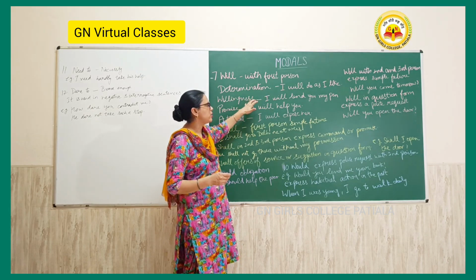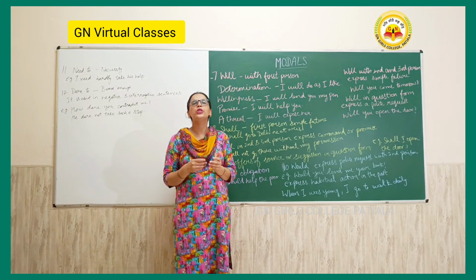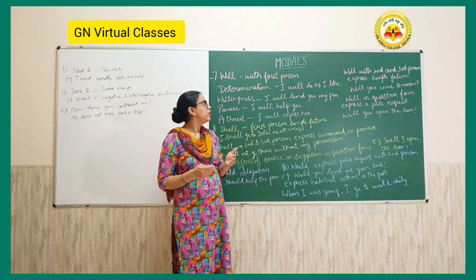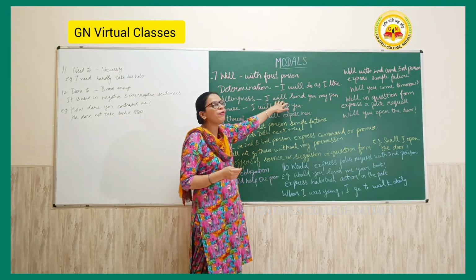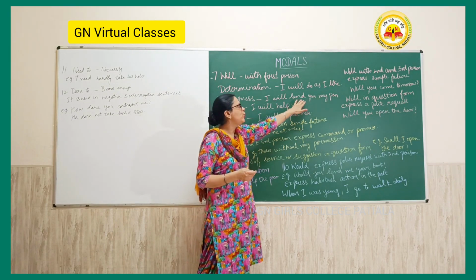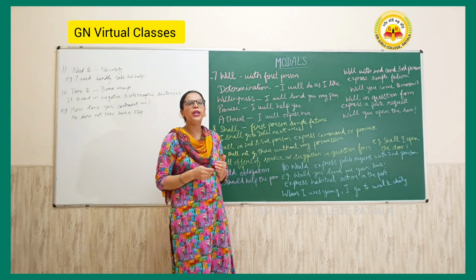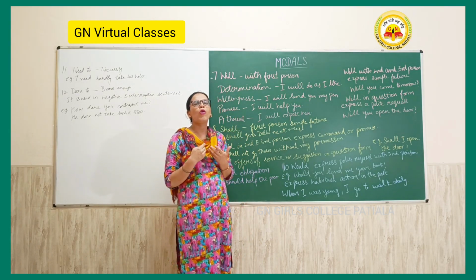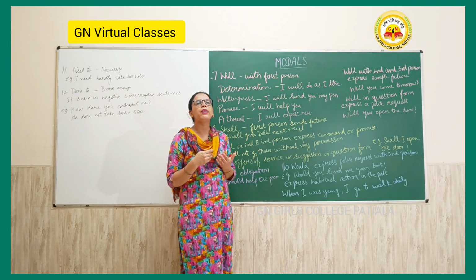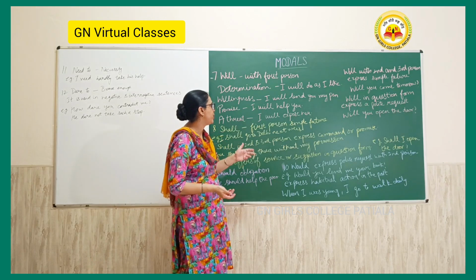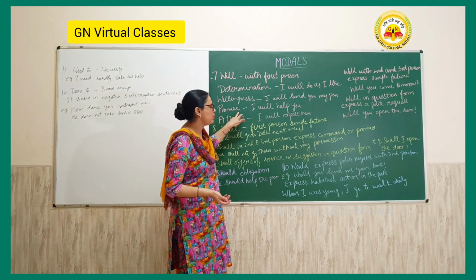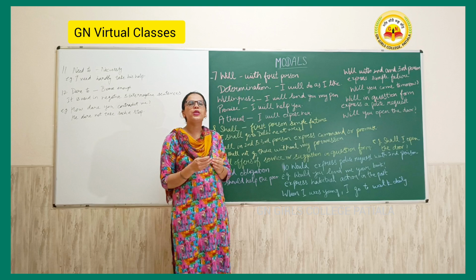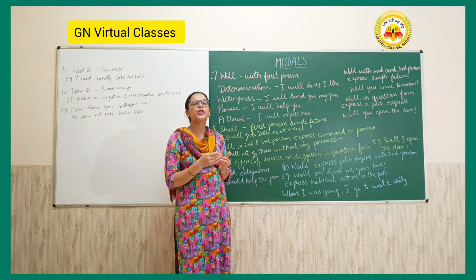For willingness, when you are willing to do something for someone, then use will with the first person. I will lend you my pen. This is my own decision and my willingness. I will lend my pen to someone. Promise. For promise, we have to write will with the first person.